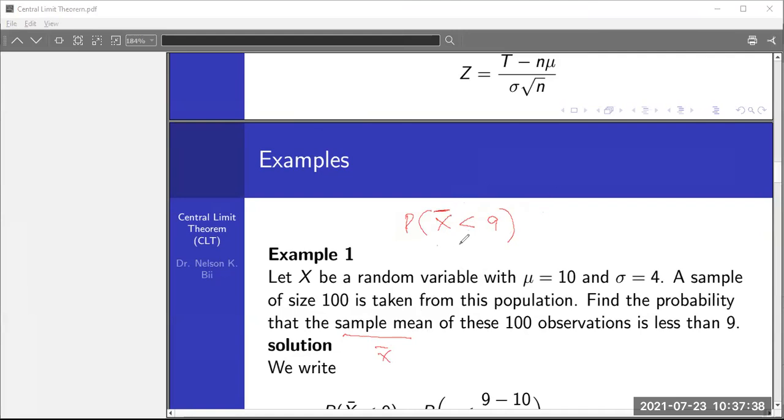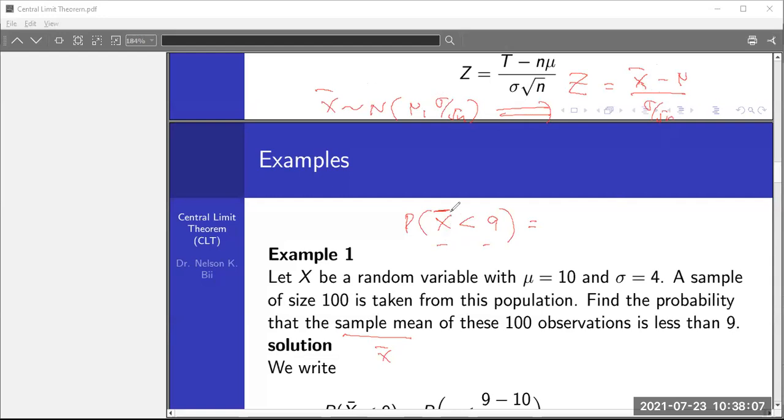Okay, so what are we going to do? We are going to standardize. How do you standardize the sample mean? The sample mean is approximately normally distributed with mean mu and standard deviation sigma by the square root of n. So Z is given by x bar, what we want to standardize here, minus the mean mu, divided by the standard deviation sigma by the square root of n.